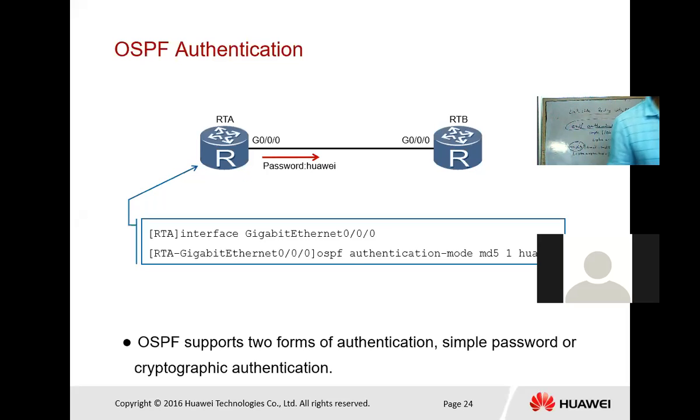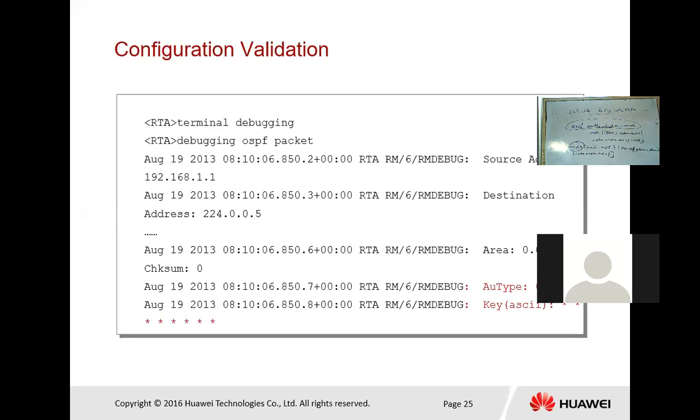So next we have the configuration validation. Where authentication is applied, it is possible to enable debugging on the terminal to view the authentication process, since the debugging may involve many events.